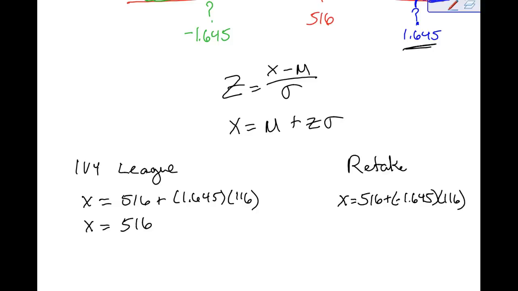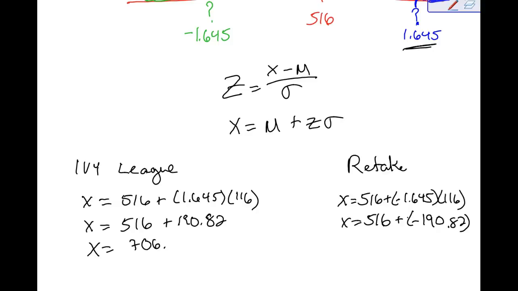I'm going to solve these down. 1.645 times 116 is 190.82. And honestly, it's going to be the exact same number, except negative 190.82. So this is going to be 706.82, which is going to round to 707.